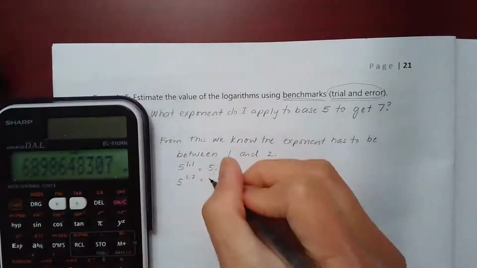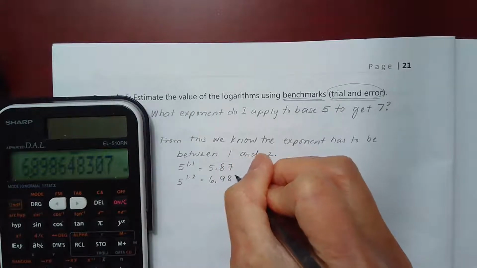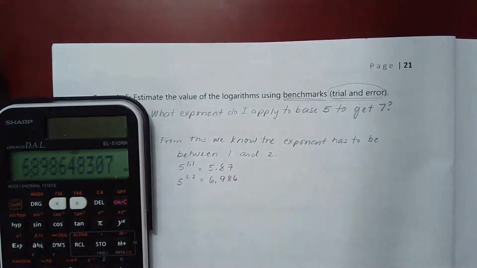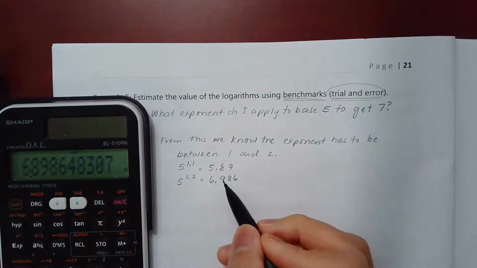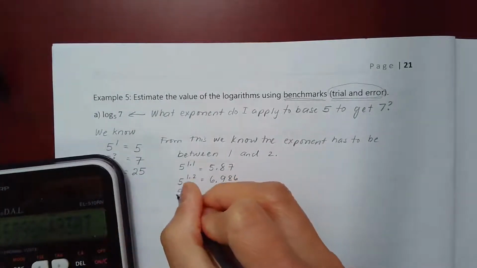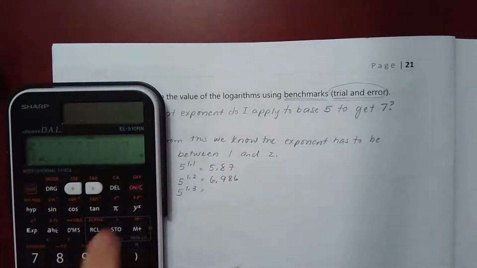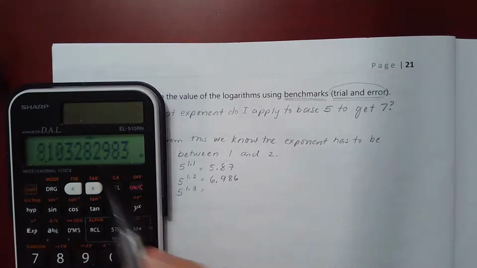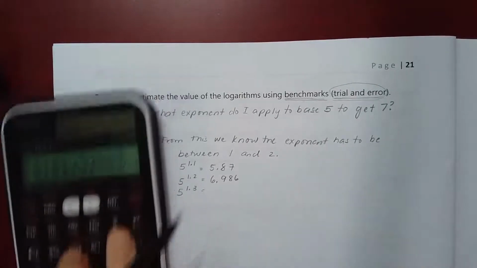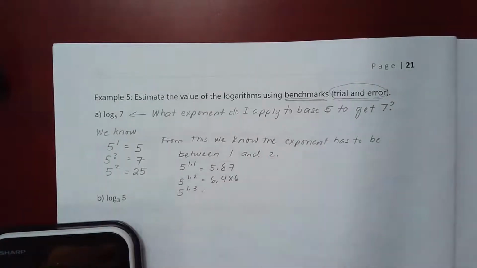It's going to be 6.86. Okay, it's getting really, really close to 7. And if I go to 5 to the exponent 1.3, I'm getting 8. So we know that it's going to be close to 1.2.